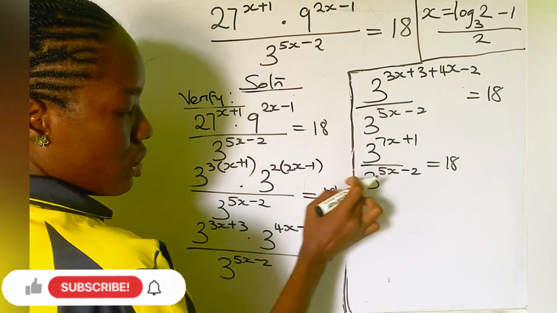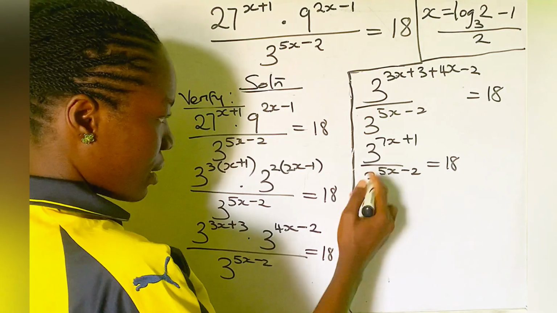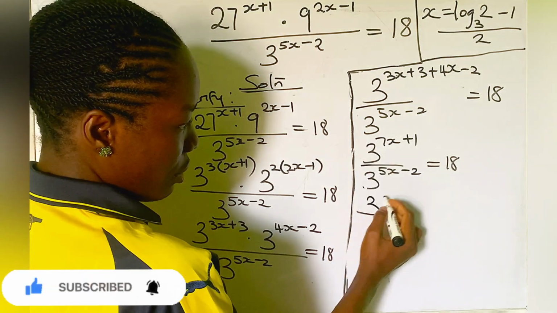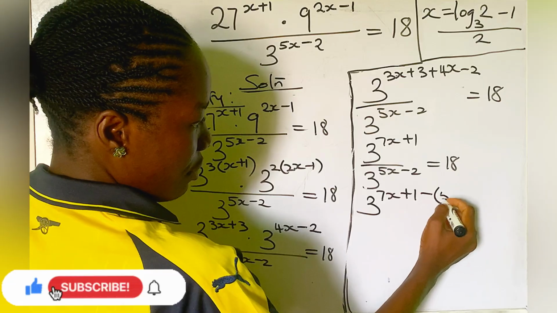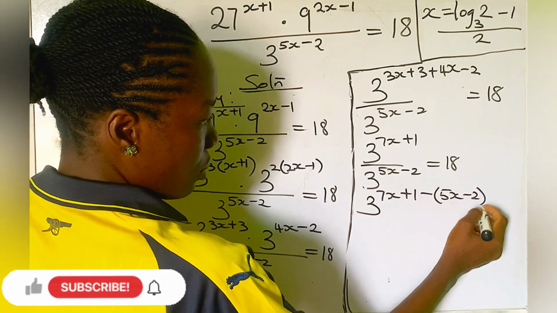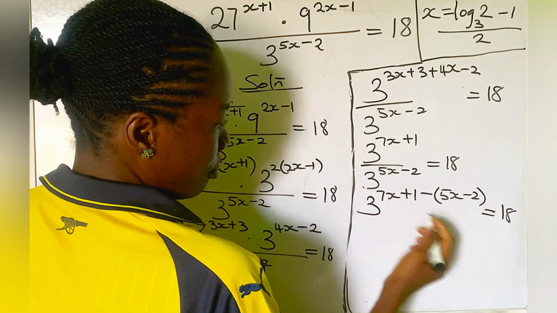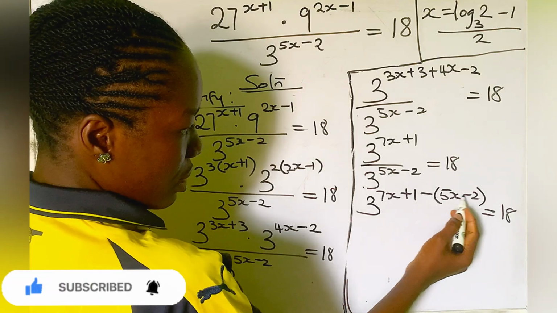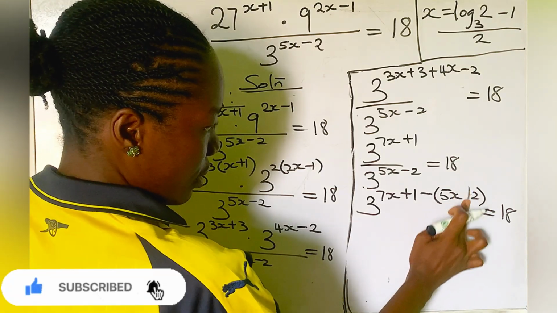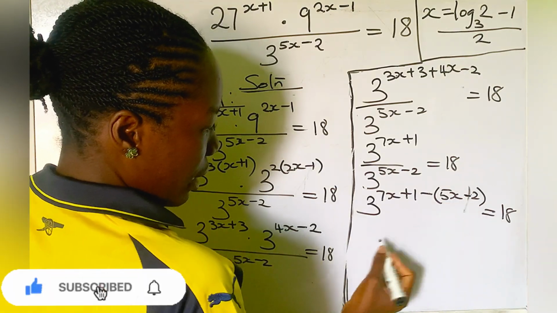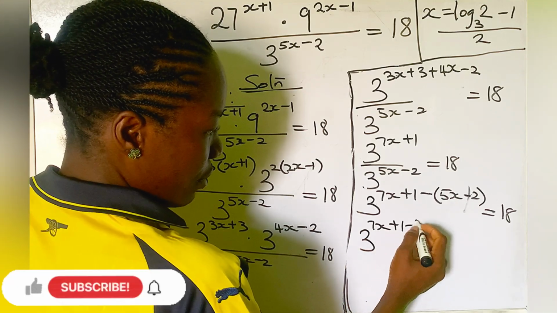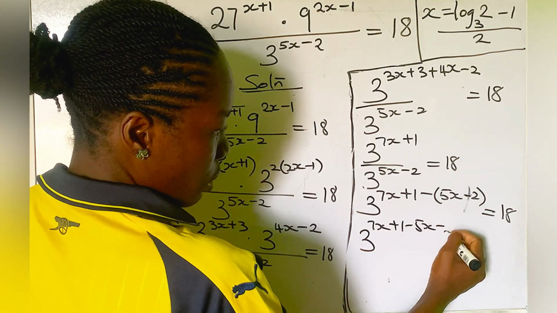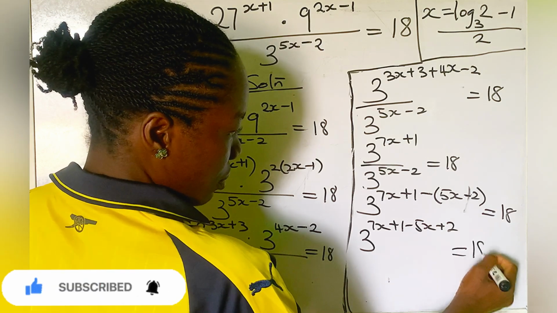When you have two bases dividing, you subtract the powers. So we now have 3 raised to the power of 7x plus 1 minus (5x minus 2) is equal to 18. So we have 3 to the power of 7x plus 1 minus 5x, and this will become plus 2, is equal to 18.